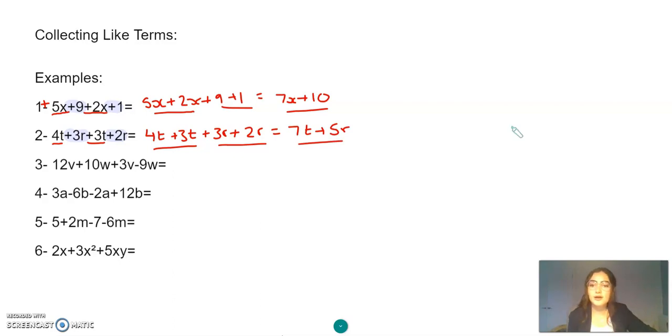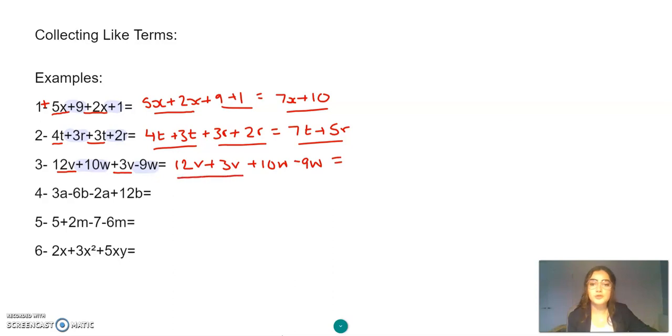So next example, we have positive 12v and positive 3v, and we have positive 10w and negative 9w. So here it gets a little bit more complicated. So 12v plus 3v plus 10w minus 9w.